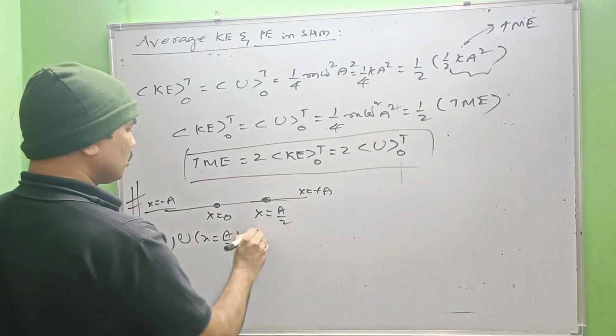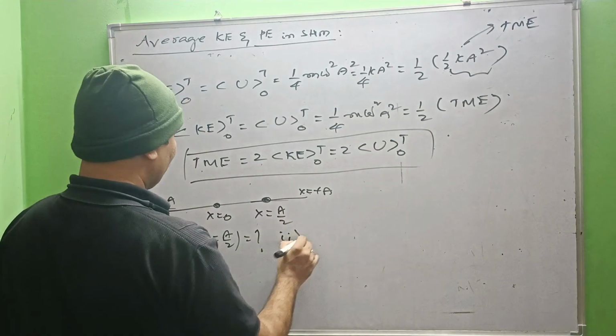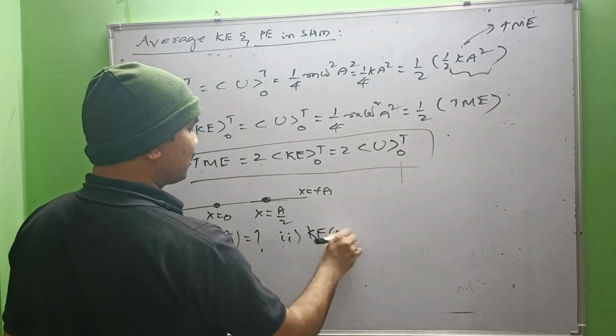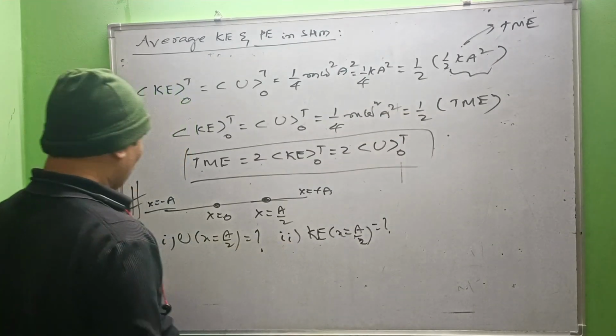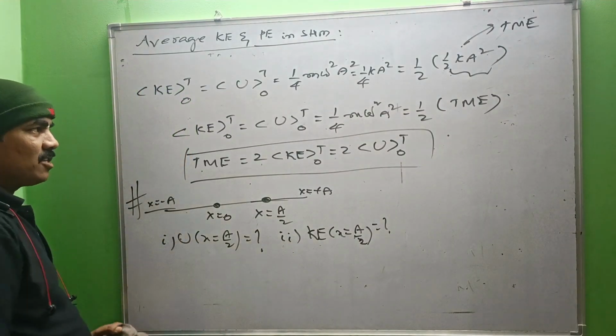Number 2, the kinetic energy at x equal to A by 2.